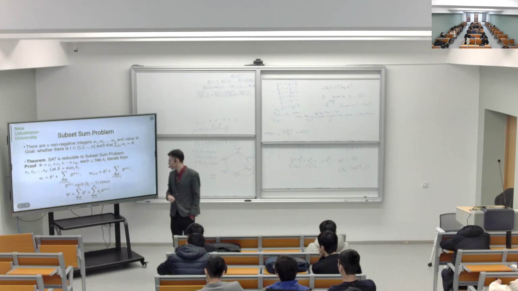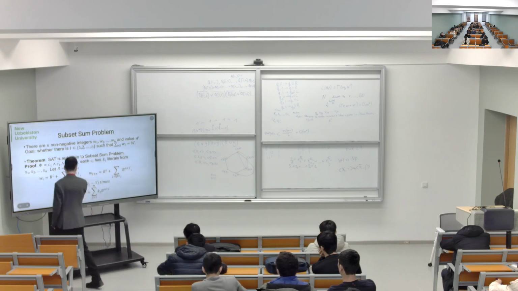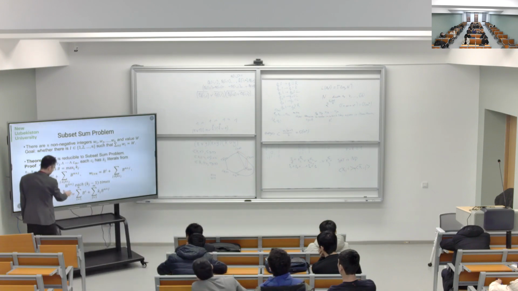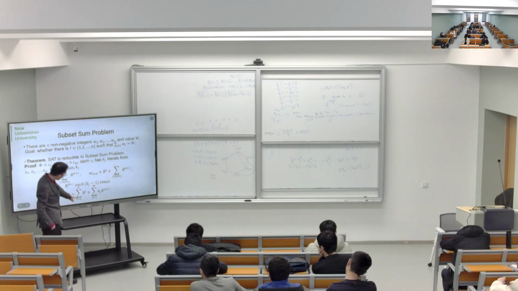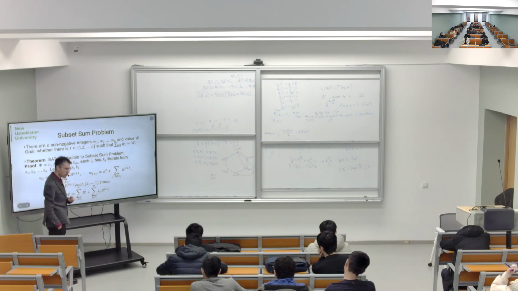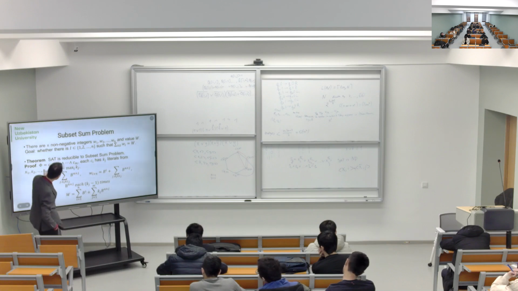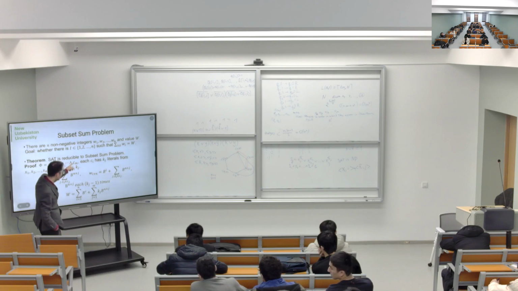Then we will write W, the target number. So the sum of all B to the power of i, and because we have C1, C2, etc., Cm, yes? So the number is how many clauses we have. So this is the sum. And then the sum like that.